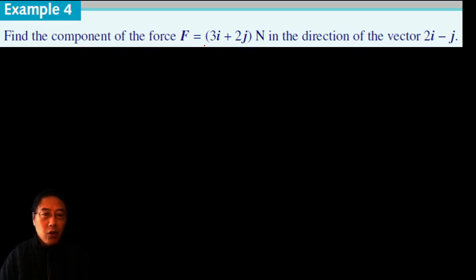Here we have the vector forms in terms of i and j, and the vector A which you want to project towards is in vector form as well. You will need to do the scalar or dot product and determine your unit vectors.